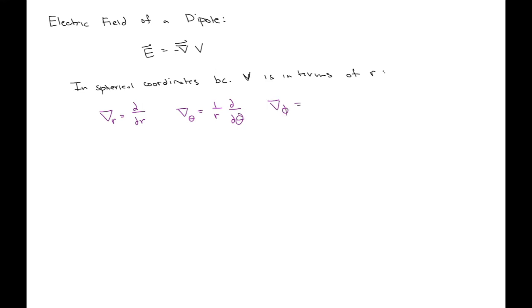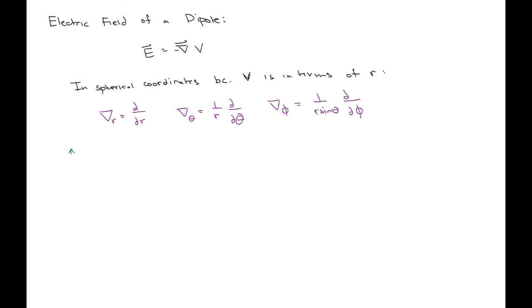And figuring out what these are in spherical coordinates, by the way, is more like a geometry thing. It's just making it so that when you take the gradient with respect to an angular displacement, it still has the same units and the same meaning as taking the gradient with respect to a position.